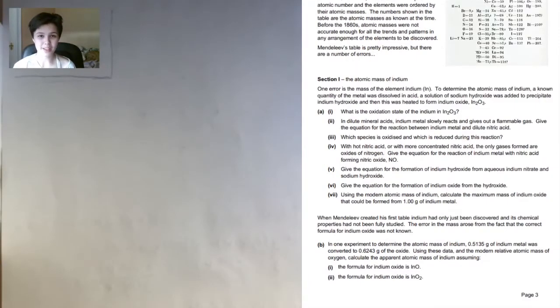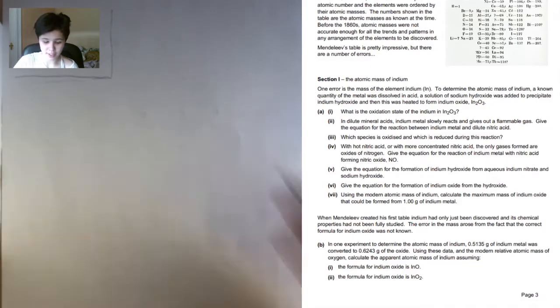For part B, a certain mass of indium is converted to a certain mass of indium oxide, and assuming different formulae for indium oxide, I'm supposed to try and find the mass of indium.